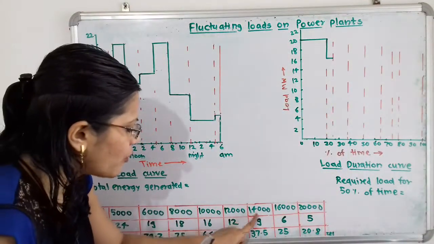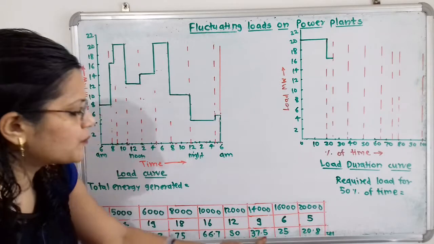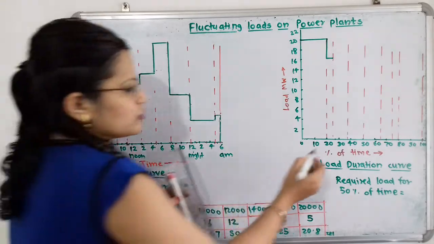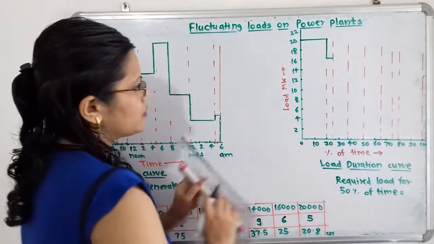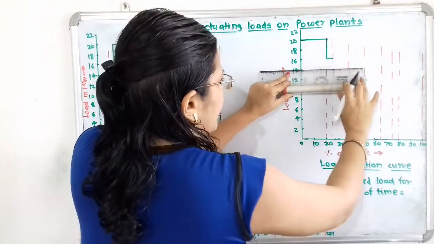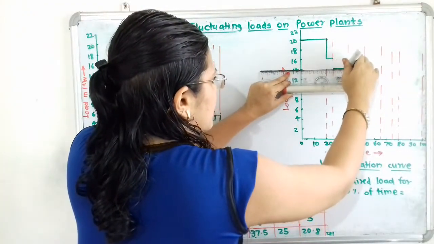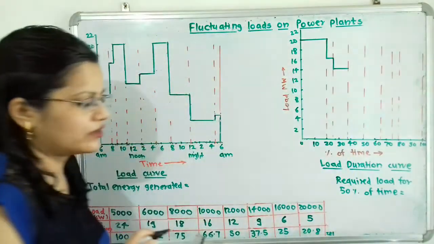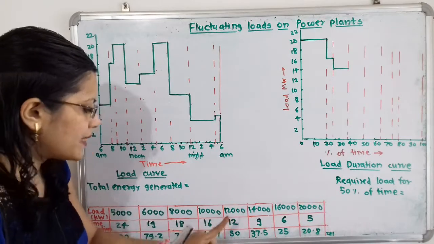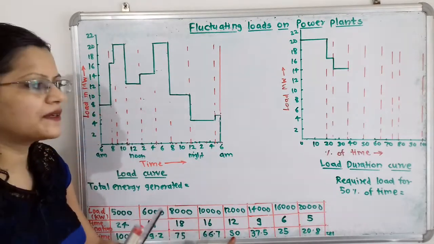Then next is 14 megawatt and it is up to 37.5. So here is the line for 37.5 and load is 14 megawatt. For this 14 megawatt I will draw one horizontal line and join these corners. Then 12 megawatt, which is 50%.